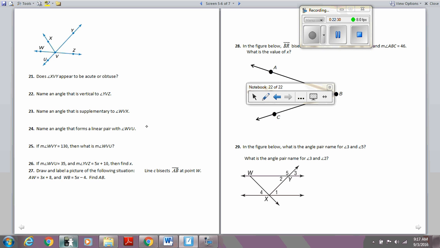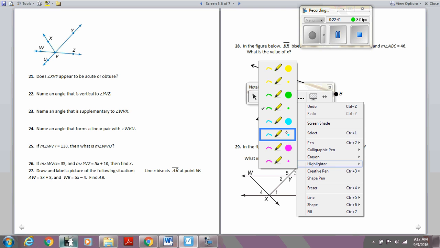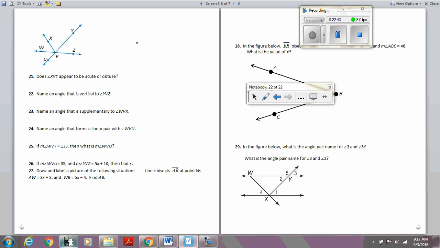On number 26, it says that angle WVU, let's highlight it. Now, if you're doing this at home, all this highlighting will become overwhelming. Trust me and believe me. So it's best to trace each situation for each question. You might want to do it on separate paper because, again, it's going to be too many distractions on one picture.